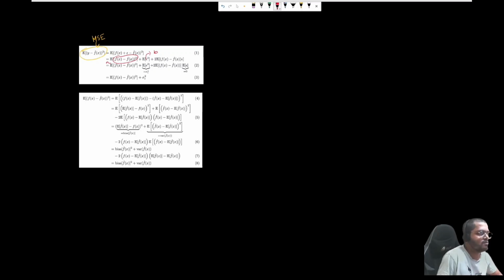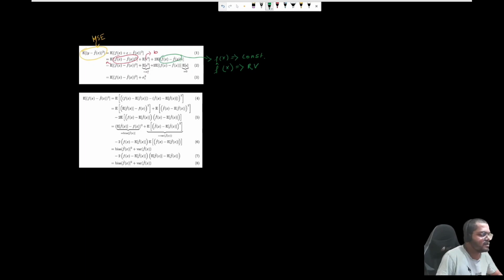Okay, now what we have to do, actually, see carefully this term f(x) minus f hat(x). So f(x) is constant, right? Because for a particular x, I'll get exactly one value, that's why it is a constant. But f hat(x) is my random variable. I told earlier, this is my random variable.